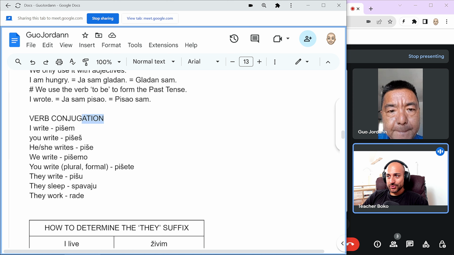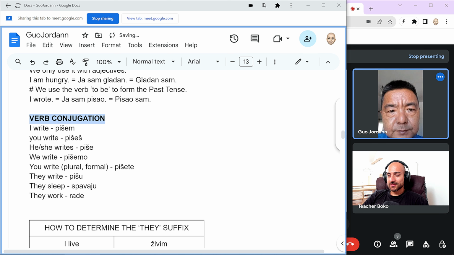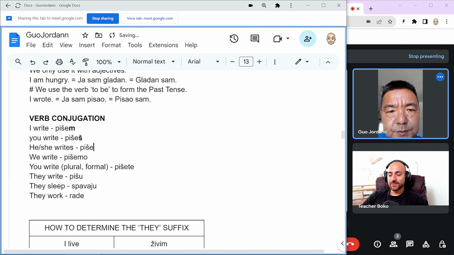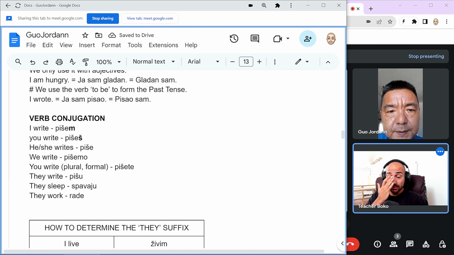And the verb conjugation, which we also kind of mentioned here. So if the verb is pišem, if it ends in m, it's I. Pišeš. So no suffix for he, she, and it.